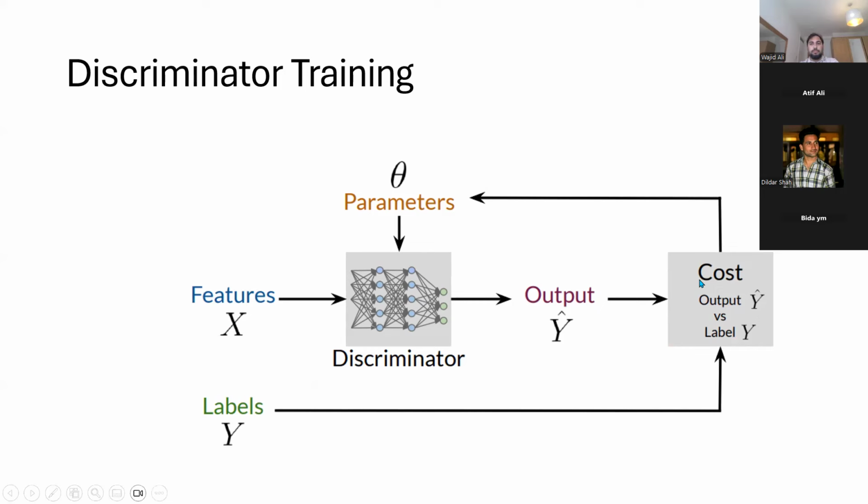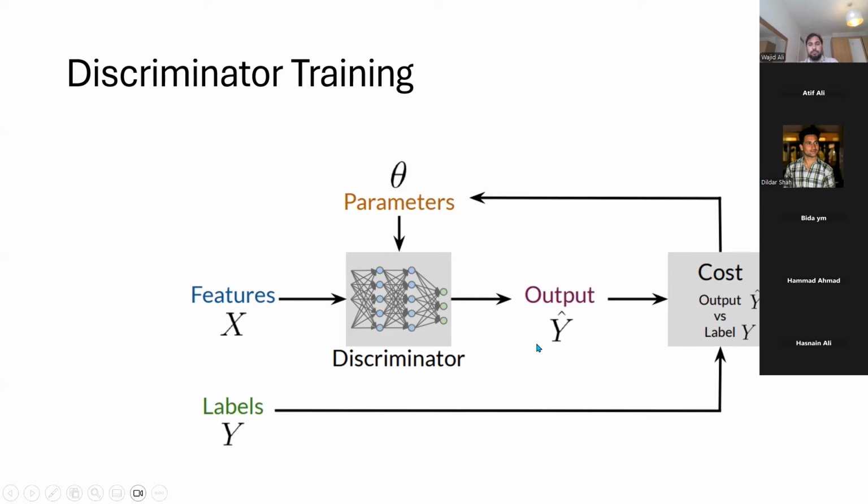If it shows the wrong probability, the cost will be high, since it will be compared with the labels. This is an iterative process, so again the parameters will be tweaked, and next time it will result in better performance in determining if the image is real or fake.